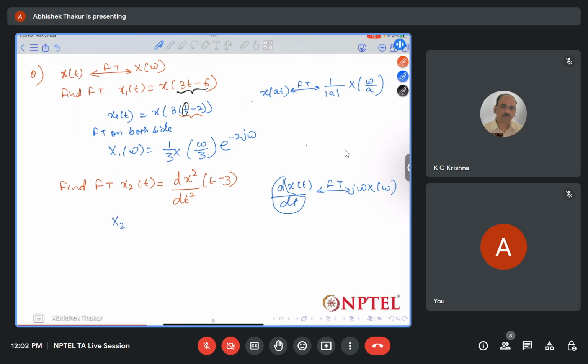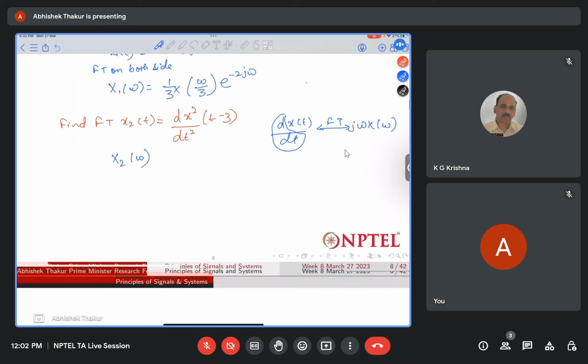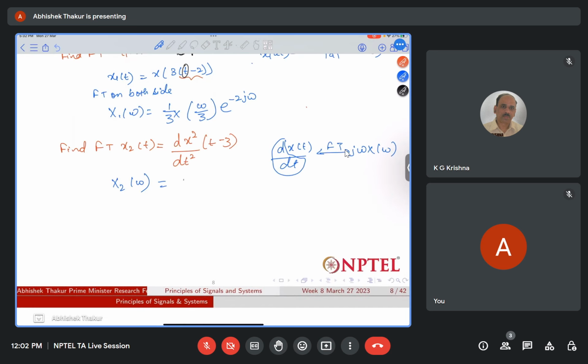So X2(omega), if you take the Fourier transform on both sides, becomes (j omega) squared e to the power minus 3 j omega X(omega). So j squared is minus 1, giving minus omega squared e to the power minus 3 j omega X(omega). So the properties we studied in the last lecture are very useful.